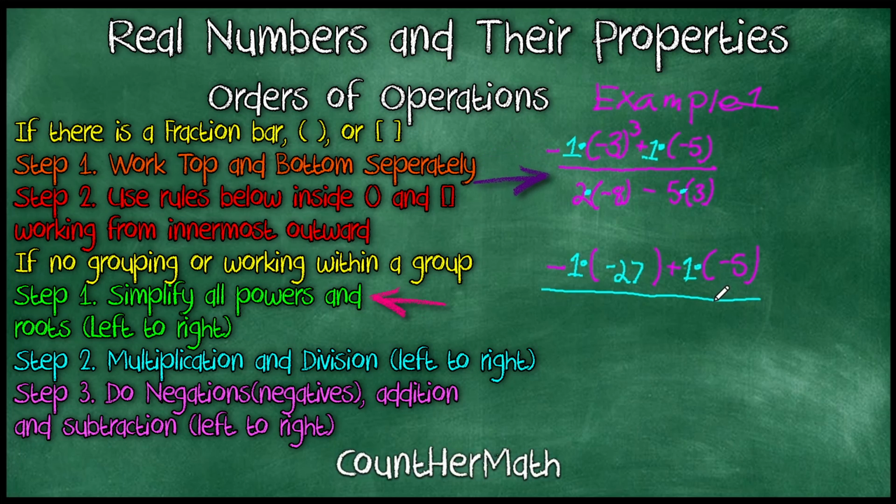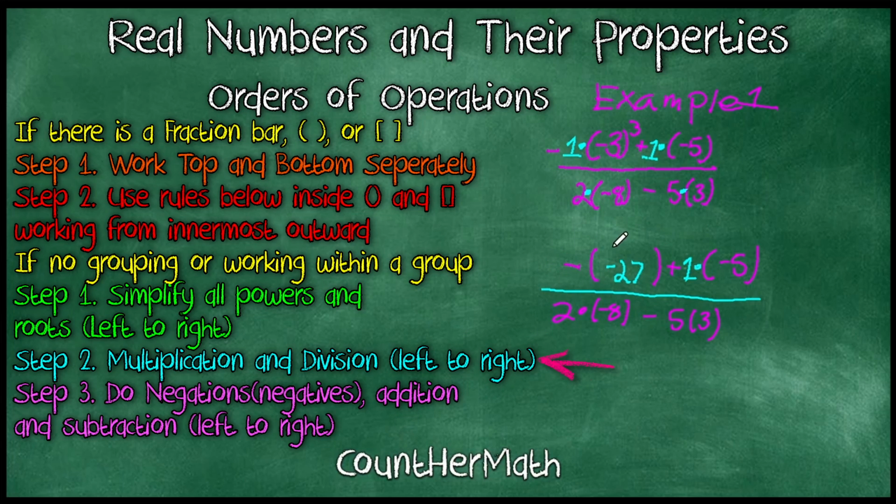Alright, perfect on the numerator. Now let's check the denominator to see if it has any powers or roots. It does not, so we'll just leave it for now. Our next step is to do multiplication and division from left to right, and we have a lot of multiplication going on. First we have our -1 times -27, or if we wanted to look at it without the added helpers, it would simply look like -27.